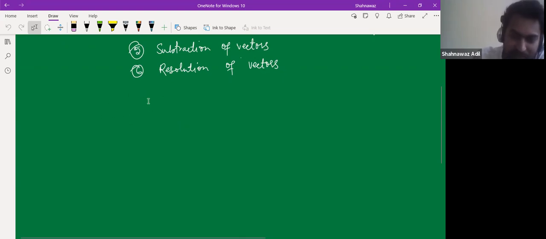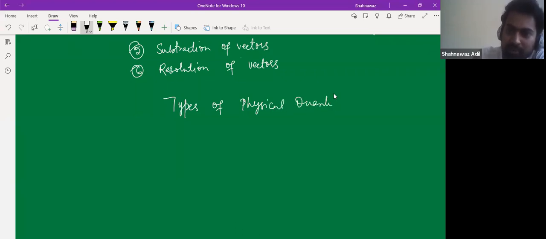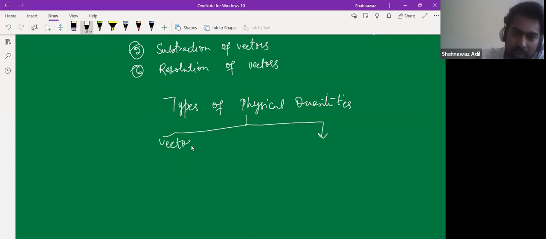So firstly, there are two types of physical quantity. One is a vector quantity, and the other one is the scalar quantity.